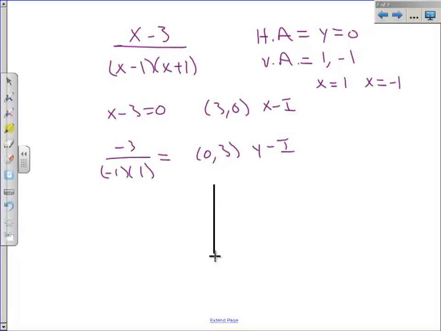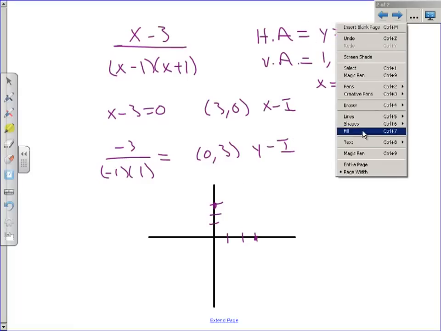Alright, so let's draw a little axis, see if we can't figure this out. Okay, so we go to our intercepts first. 1, 2, 3, 0, and then also 1, 2, 0, 3, and then I'm going to draw in my vertical asymptotes.